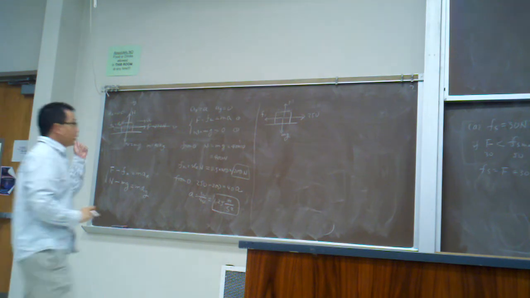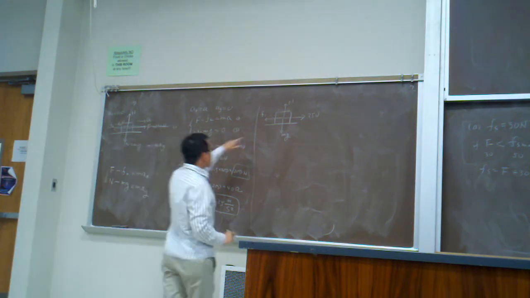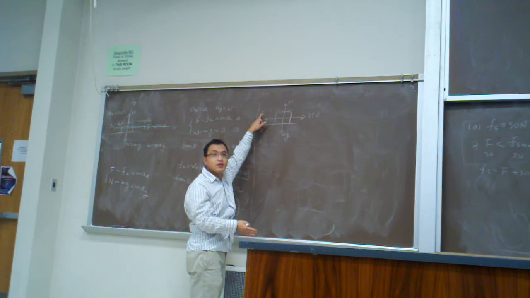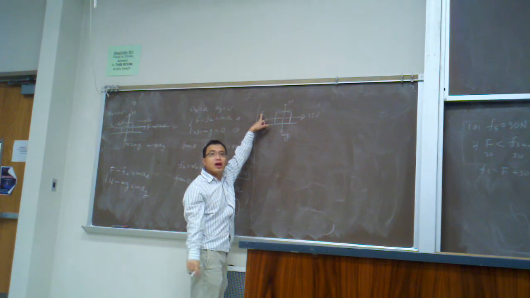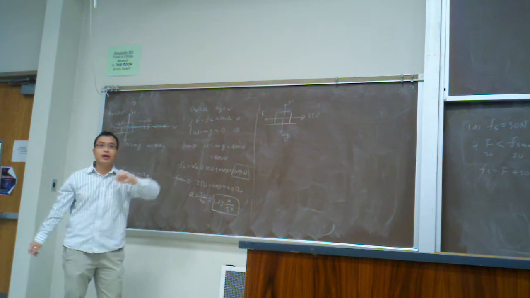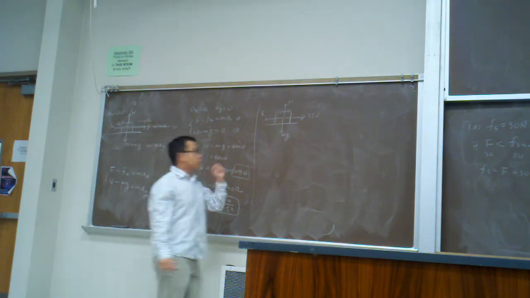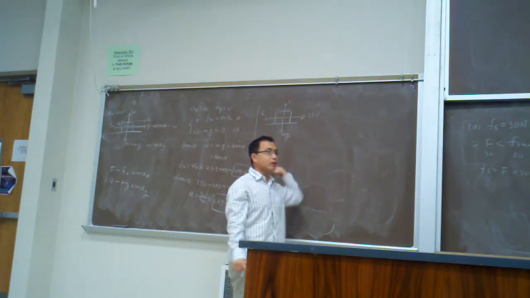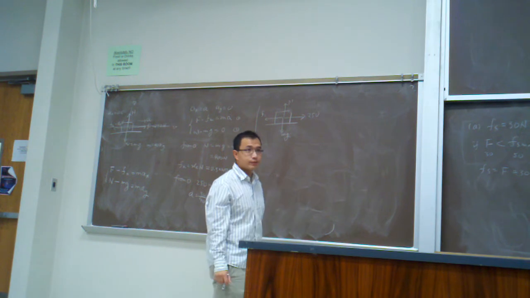Okay. Now, please note that we already discussed that for static frictional force, you don't have one simple equation you can write down like Fk equals mu k N. It's more complicated to calculate the static frictional force.